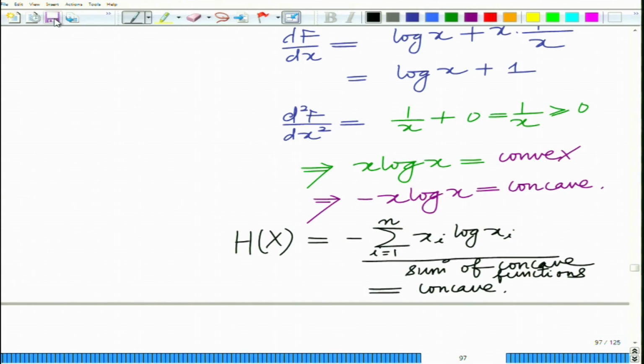So, the entropy is the sum of concave functions, and therefore, this is in turn concave, and therefore, one can maximize the entropy, thus maximizing the average information of the given source. All right. So, we will stop here and continue in the subsequent modules. Thank you very much.